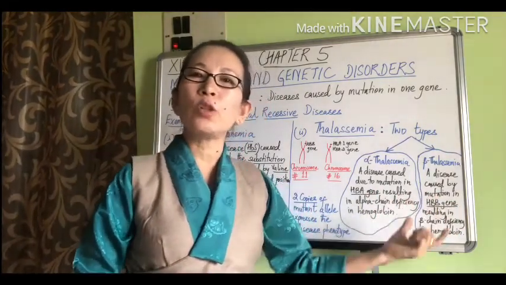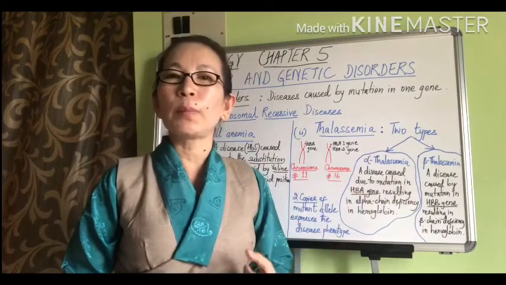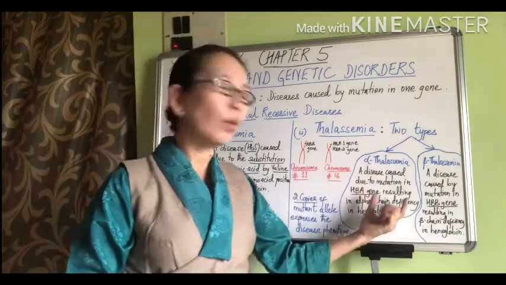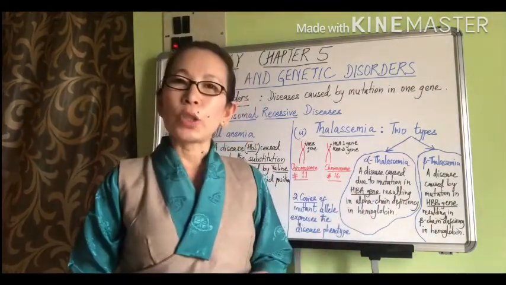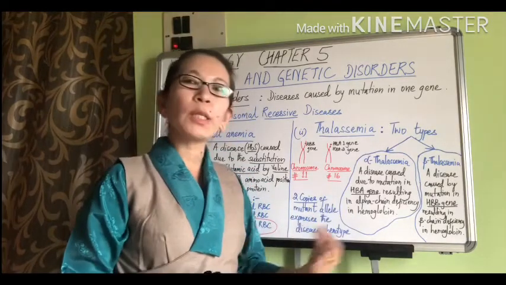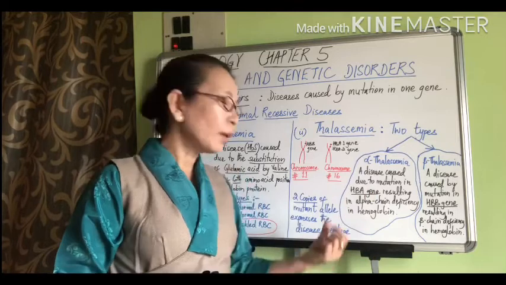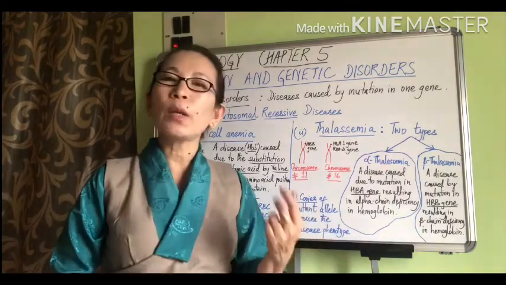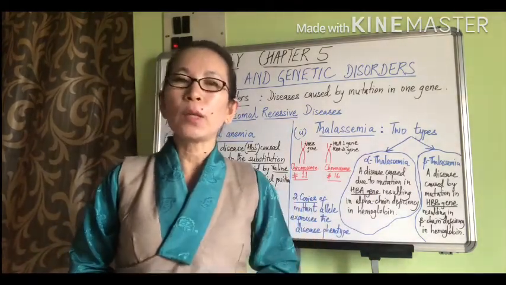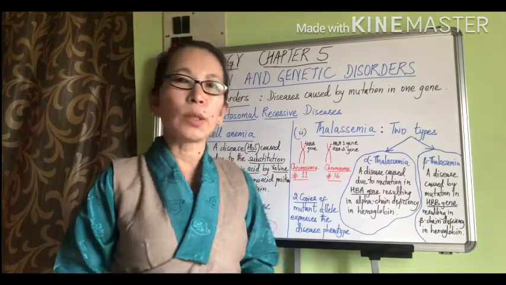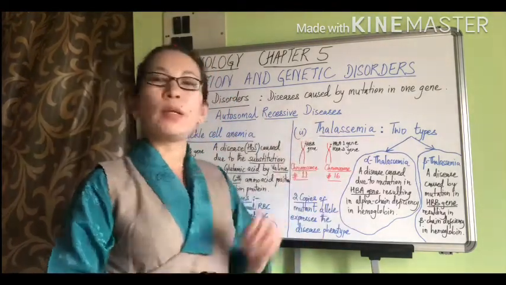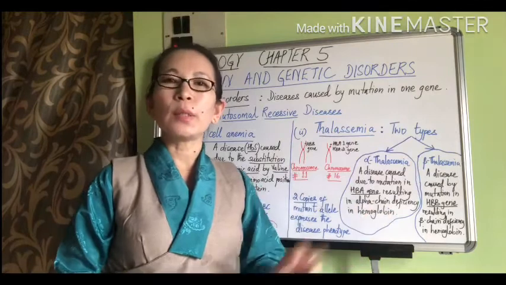So heterozygous individuals show a normal phenotype, meaning they make normal amounts of alpha and beta chains. In order to express thalassemia, individuals must have a homozygous recessive genotypic combination, and due to this, thalassemia is an autosomal recessive disease.